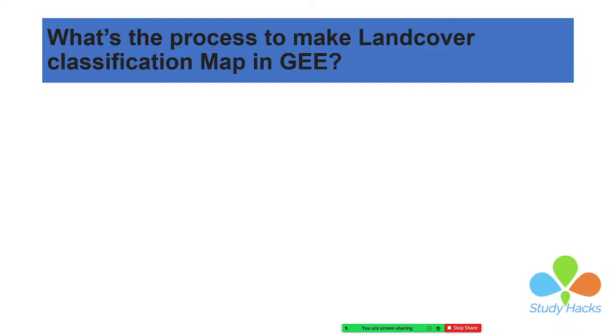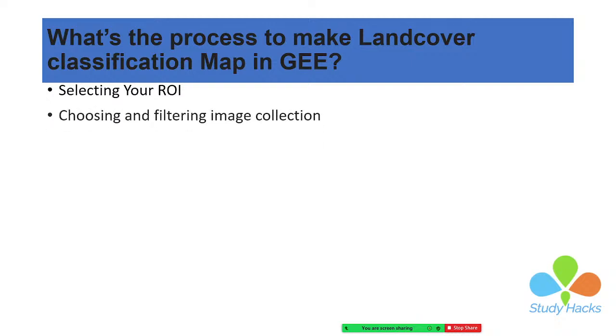Okay, so first of all you need to select your ROI. Suppose I want to make the land cover classification map for Dhaka city or any specific area. First of all you should choose your region of interest. After this you need to choose and filter the image collection.